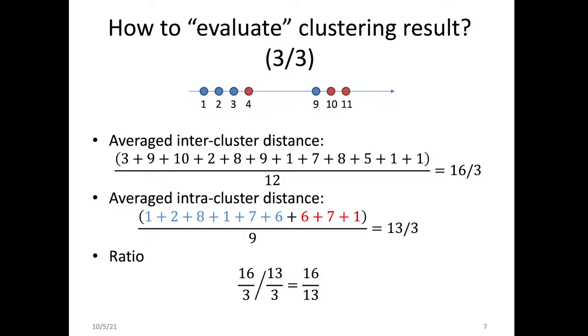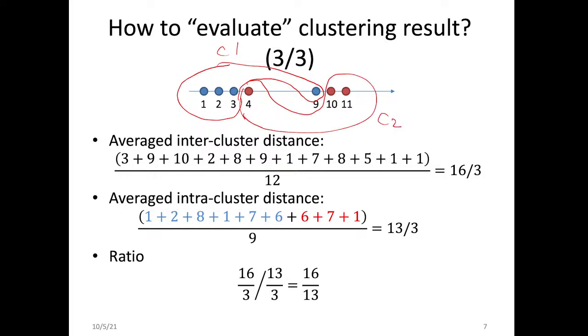This is an illustration that if a certain clustering algorithm decides these 4 data points belong to cluster 1, and the other 3 data points belong to cluster 2. If this is the result, then of course the intercluster distance and the intracluster distance will be different.